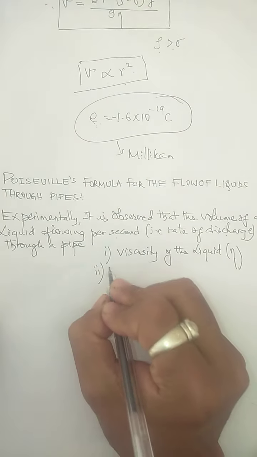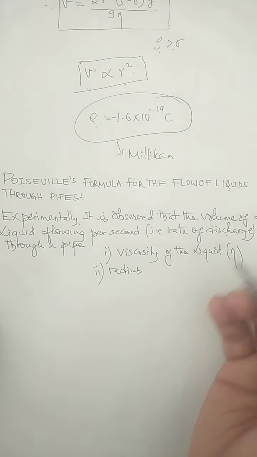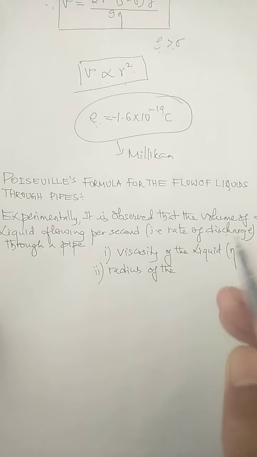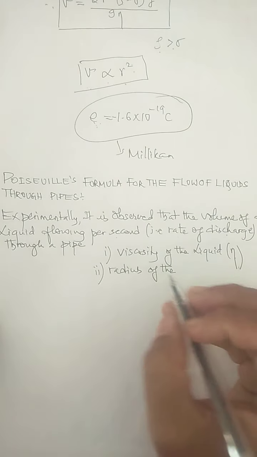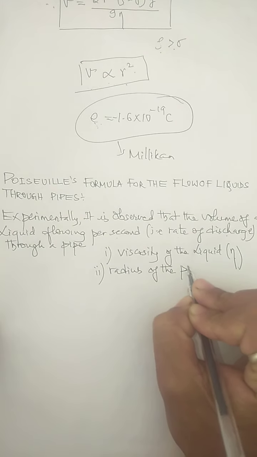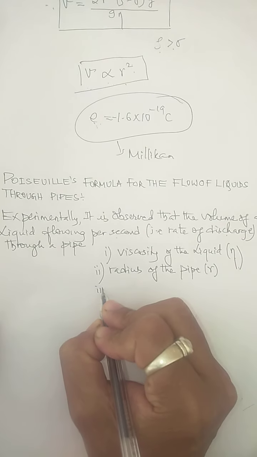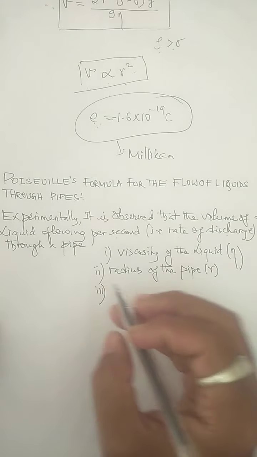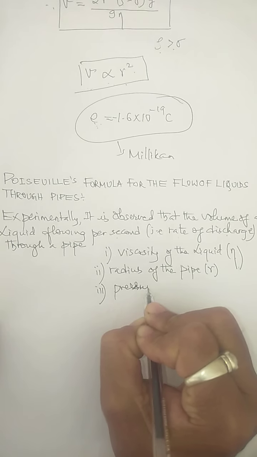Number two is the radius of the pipe. The pipe in which the liquid flows has a radius. The rate of flow of liquid, meaning the volume of liquid flowing per second, also depends upon the radius of the pipe, and radius is marked by small letter r. And lastly, the volume of liquid flowing per second also depends upon the pressure gradient.